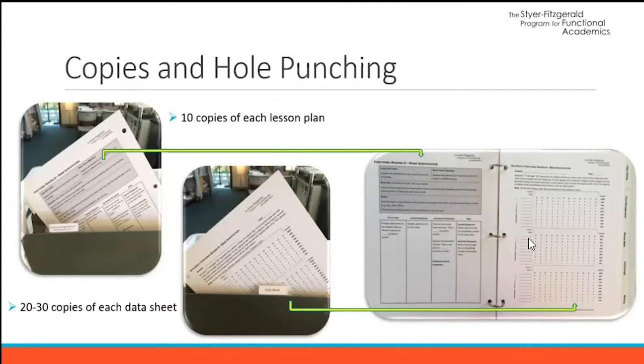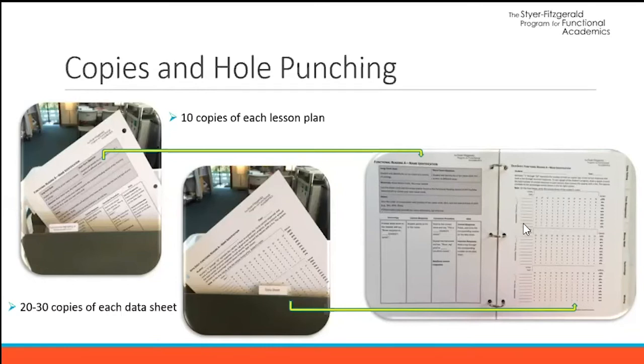The other thing to do, if you're running them off and hole punching them, is to hole punch the lesson plans on the right-hand side of the sheet like it shows in the picture, and the data sheets on the left-hand side of the sheet. That way, when you open the book, you have your lesson plan on the left that you can read, because it tells you what instructions and what to say. Then you have your data sheet on the right, so you can write down the data as you're giving the instruction.